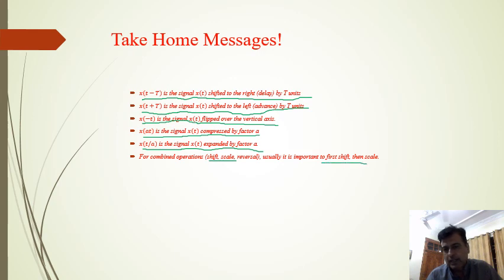So this order is important. You cannot do it the other way around. You cannot first scale it and then shift it. The order is first shift the signal and then scale. As far as reversal is concerned, reversal can be performed anytime, even before shifting or scaling or after shifting or scaling.